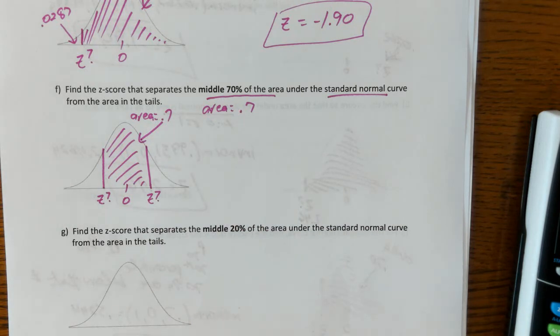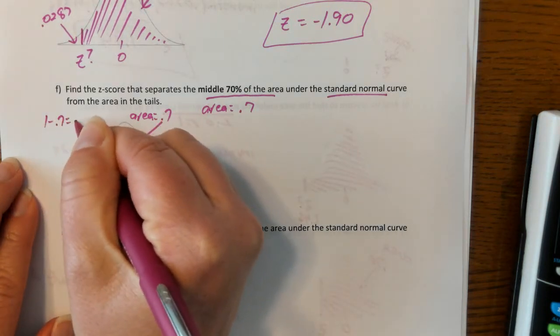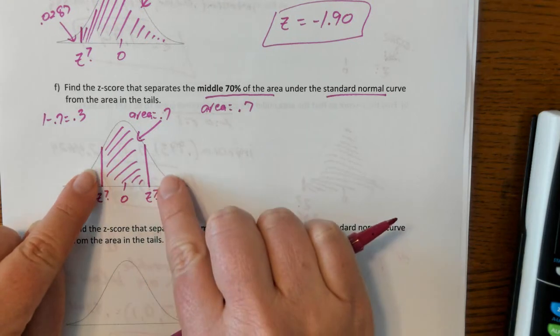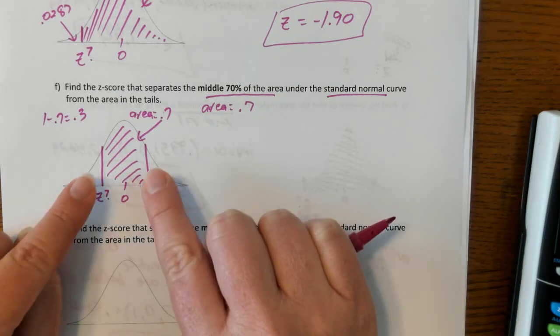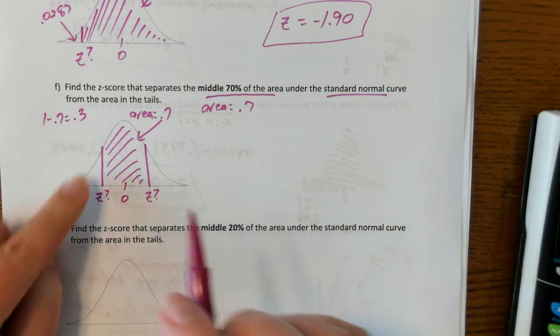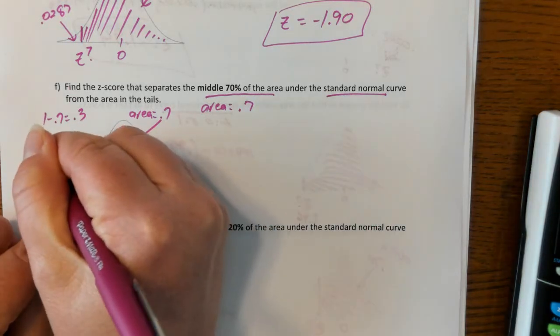Well, let's see. If I've got 70% in this region, 1 minus 0.7 is 0.3. I've got 0.3 as my area for the tails. But it's not 0.3 in each tail. It's 0.3 for the tails combined. So that 0.3 is split equally between these 2 tails.